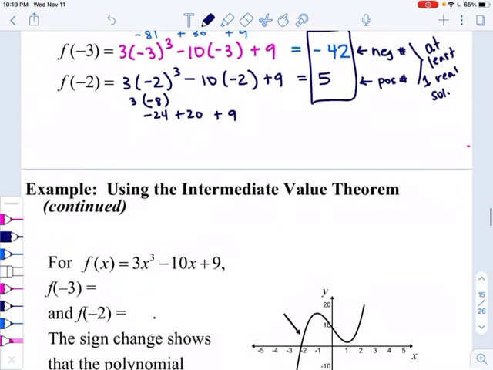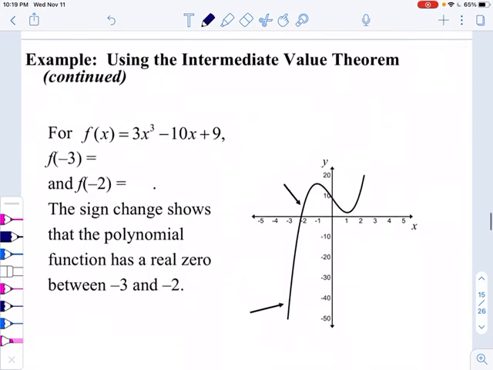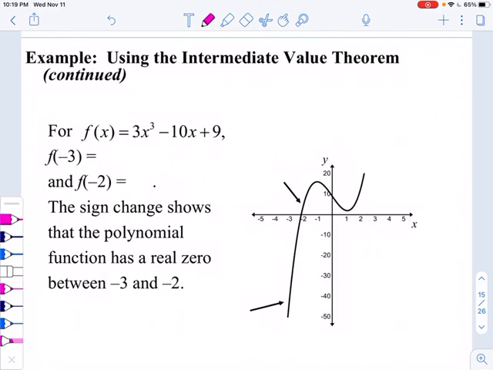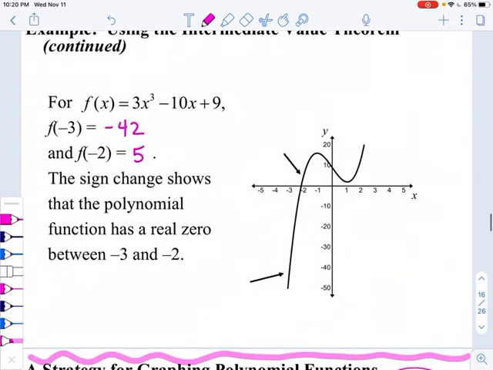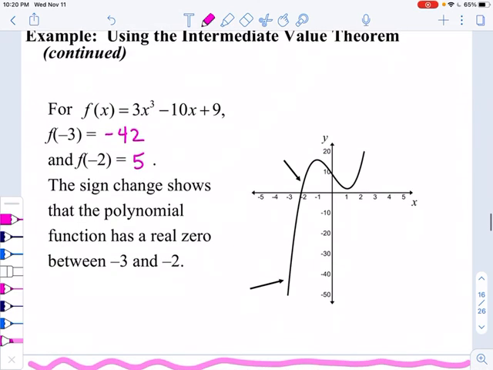So continuing on with that, f of -3, we said we ended up with -42. And f of -2, we ended up with 5. So it says that the sign change shows that the polynomial function has a real zero between -3 and -2.